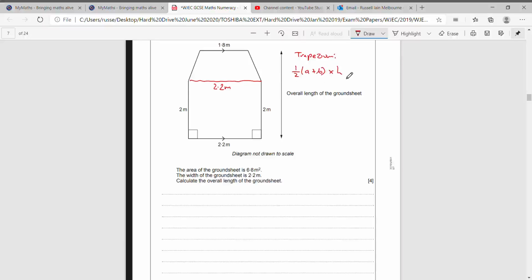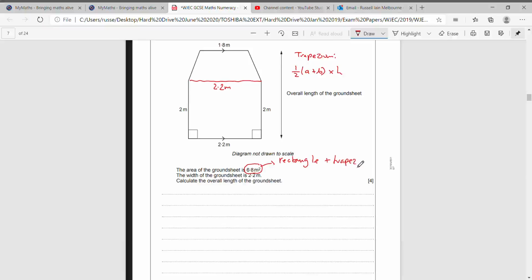Right, now it says the area of the ground sheet is 6.8 meters squared and the width of the ground sheet is 2.2 meters. Calculate the overall length of the ground sheet. Well, the overall length is labelled here. Well, if I know the area of the ground sheet, that's 6.8 meters squared, it is the rectangle plus the trapezium.